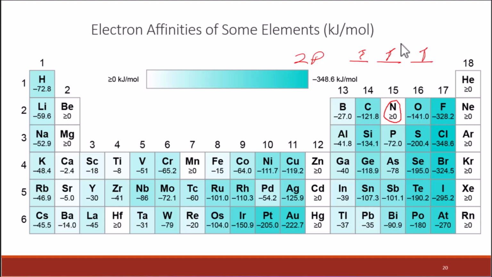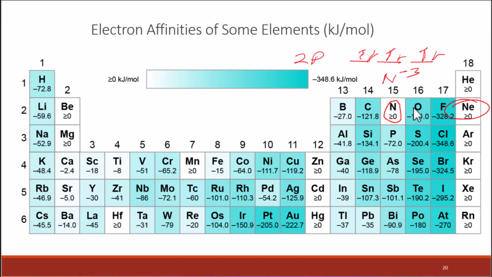Because it's half filled, adding one electron to nitrogen gives you a very much less stable electron configuration, and so nitrogen doesn't want to accept one electron. It will, on the other hand, accept 3 to become a nitride, a nitrogen with a -3 charge. Why does it do that? Because that gives it neon's electron configuration.